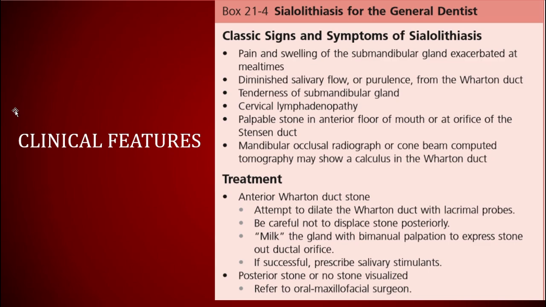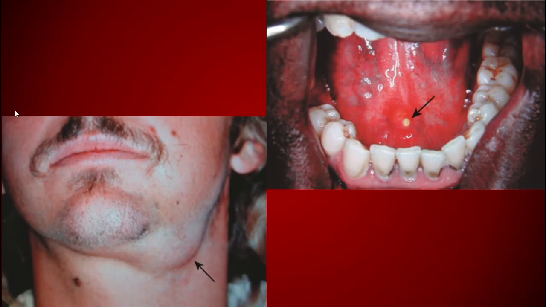We prescribe salivary stimulants sometimes. Sometimes, if it's not treatable, we go for excision of the gland if it's large. So here, for example, the swelling, and here's the stone. This can be pushed out of the duct orifice and everything's going to go back to being fine.